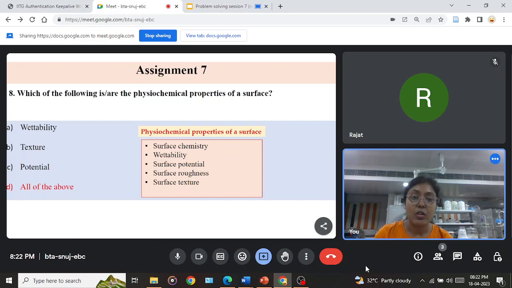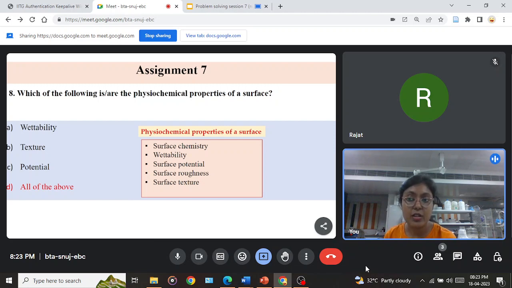So if the contact angle is greater than 90 degrees, it is hydrophobic in nature. If the contact angle is less than 90 degrees, it is hydrophilic in nature, right?